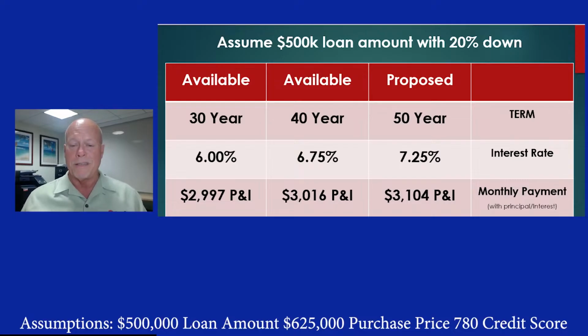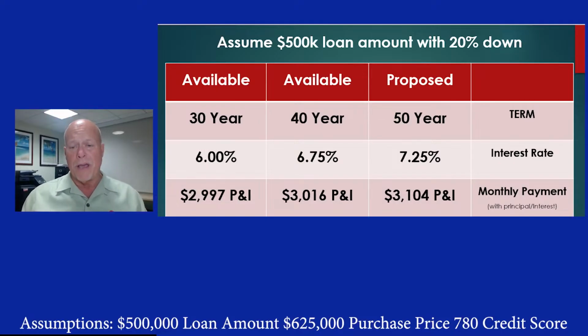And the reason is, the longer term should lower your payment, but the higher rate that those longer term loans would demand swallows up that benefit from the longer term, and you end up paying more per month, not less. And we know that with certainty on the 40-year middle column because that's available today. So it follows the 50-year loan would make that problem worse, not better.